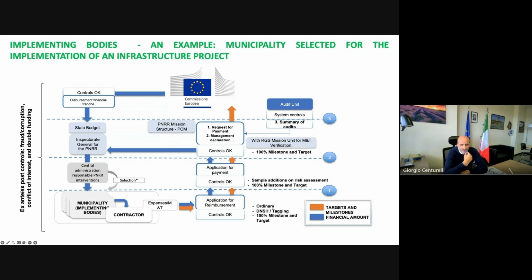They also send another document, the so-called summary of audits, that is defined by the audit unit, and send the application for payment to the European Commission, starting the evaluation process from the European Commission. The assessment of the European Commission generally takes no longer than 2 or 3 months.